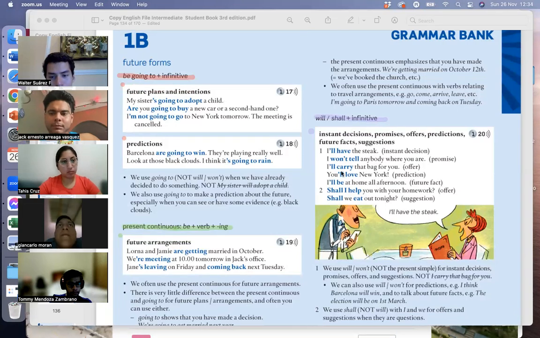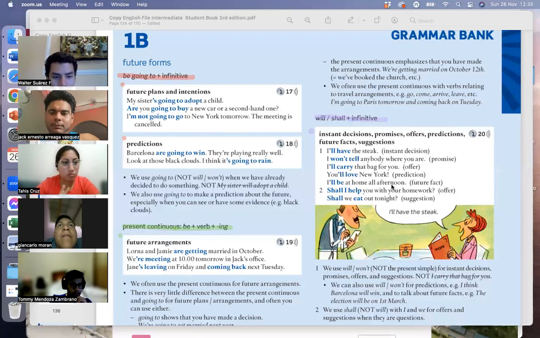Then we have the offer. I'll carry that bag for you. One more time, I'm offering something. I'm offering my service to you for the future. Predictions are very, very similar to predictions with be going to. In this case, we can use one or the other. You'll love New York.